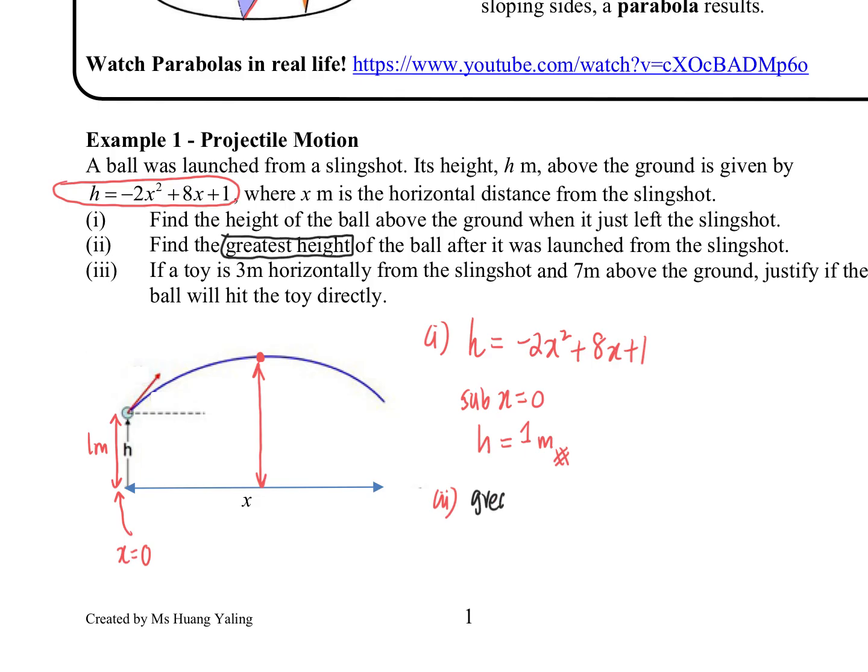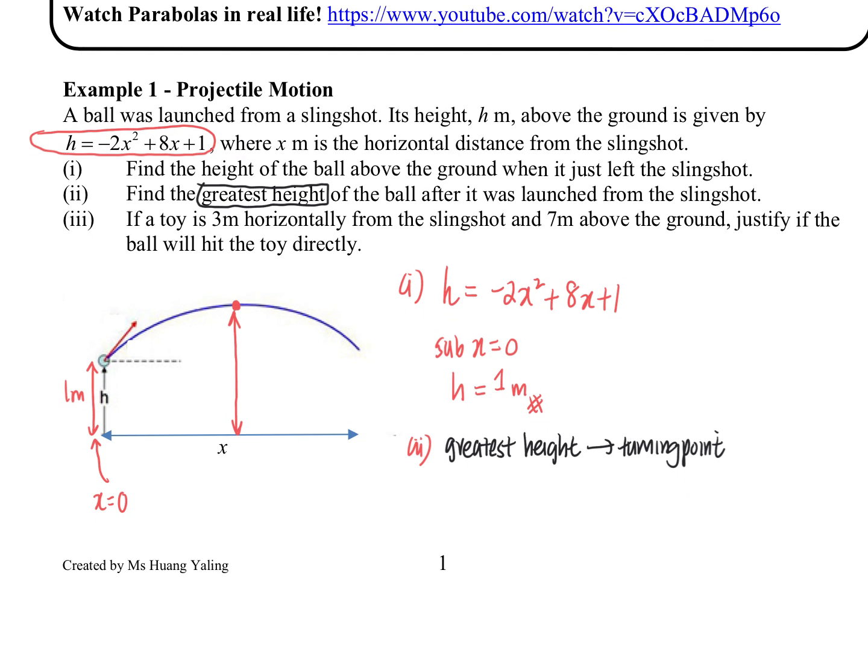The turning point. So if I'm given a quadratic, I want to find the turning point. What should I do? You complete the square. So you either go and complete the square, give me the maximum y value, or you can go and find the line of symmetry value, sub in and find the y. So you have two ways. So you see with your comfort level. So those of you doing by completing the square, you take out the coefficient.